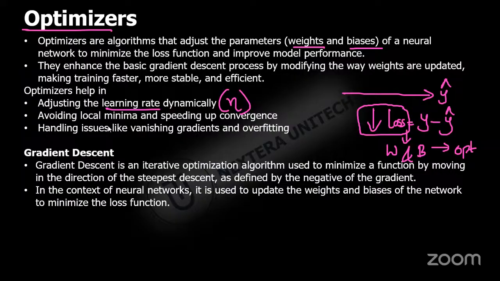It avoids local minima and it also speeds up the convergence. How fast the loss reaches the global minima will be decided by the optimizer. And it also handles issues like vanishing gradients.